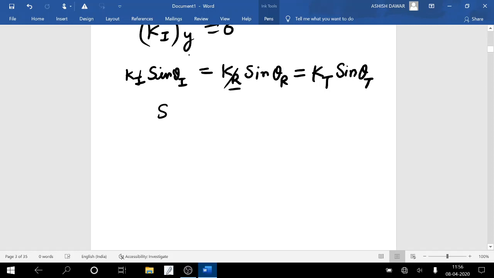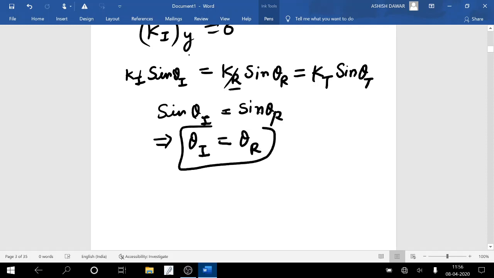That means sine theta_i equals sine theta_r, and the sines of two angles are equal only when the angles are equal, which implies theta_i equals theta_r, that is, the angle of incidence equals the angle of reflection. So this is the law of reflection.